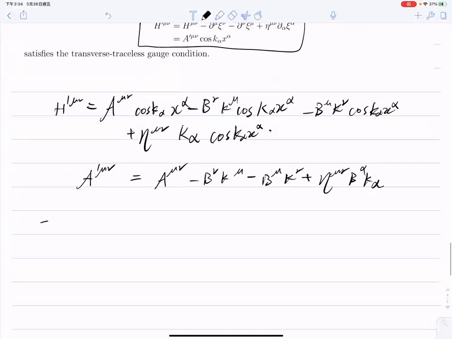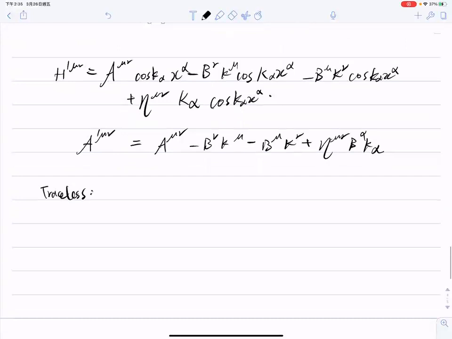First, for the traceless part, we force it to be traceless.